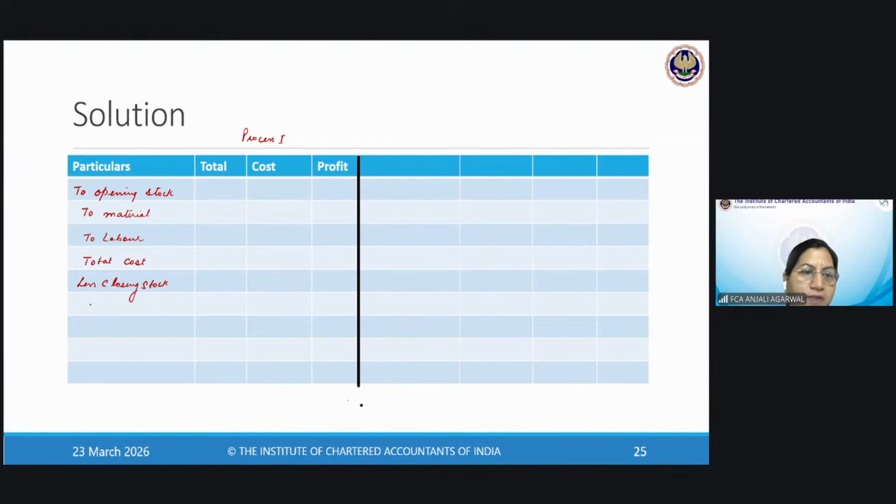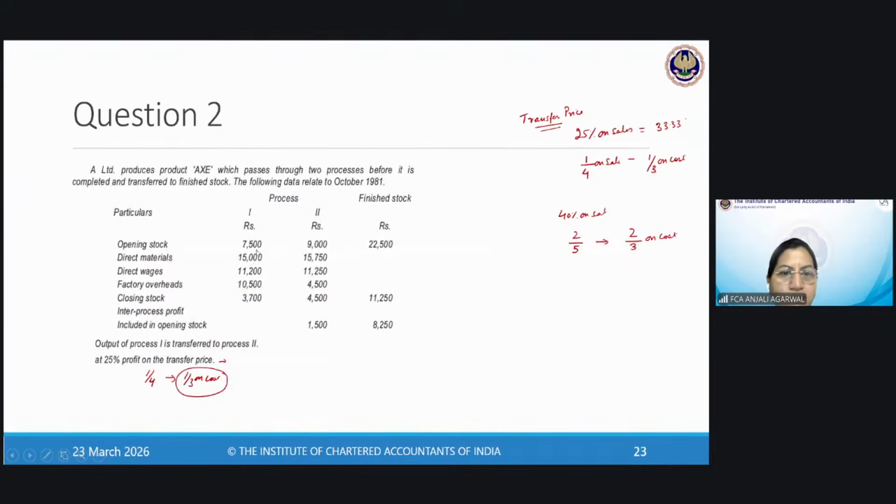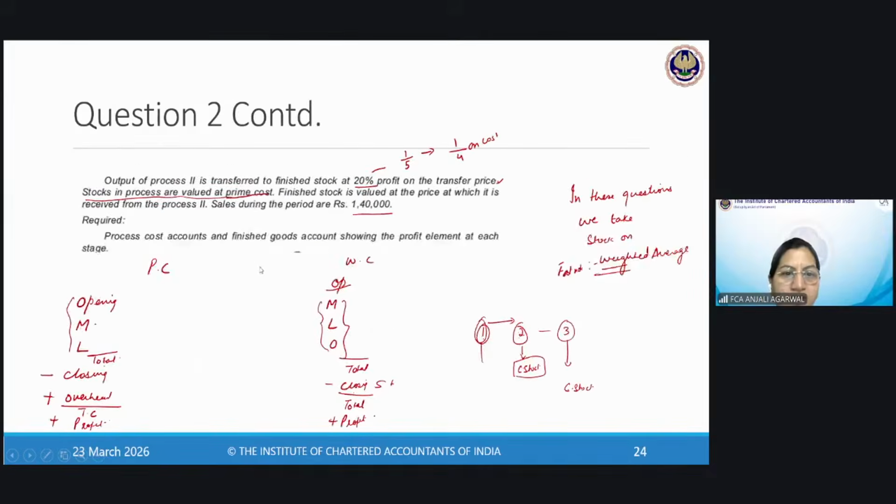Once again, take the total here, add overheads, take the total here. This becomes your total cost of goods transfer. Add profit and simply put in the values, you will get your answer. Remember this format. So opening stock is 7,500, material is 15,000, wages are 11,200.